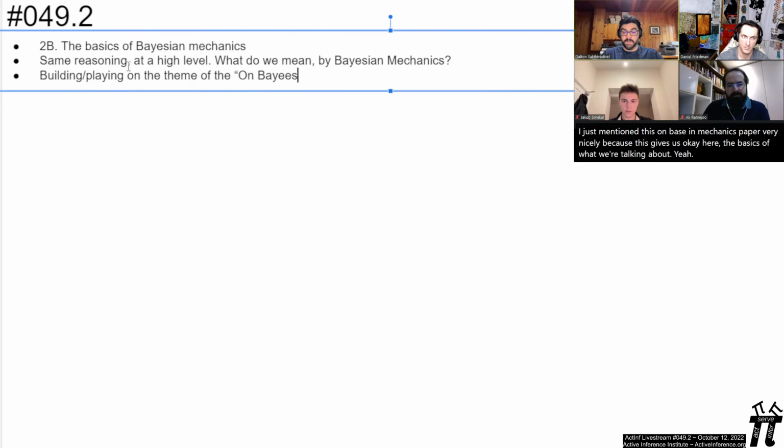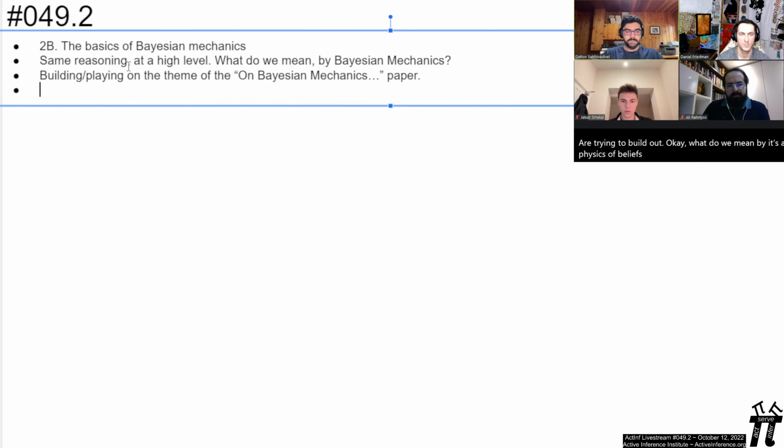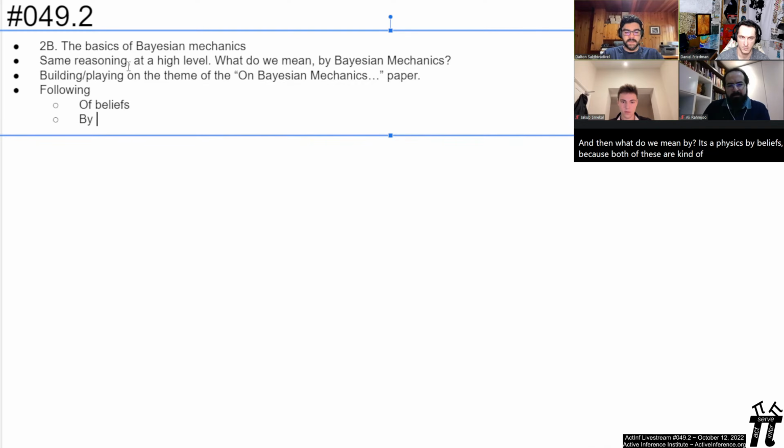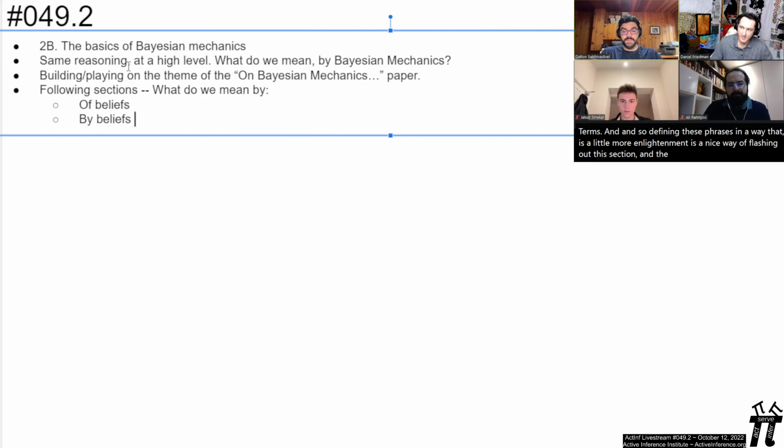Here are all the important ingredients. And then the subsections that follow are trying to build out what we mean by it's a physics of beliefs, and then what we mean by it's a physics by beliefs, because both of these are kind of imprecise terms. Defining these phrases in a way that is a little more enlightening is a nice way of fleshing out this section and the contributions of the paper.